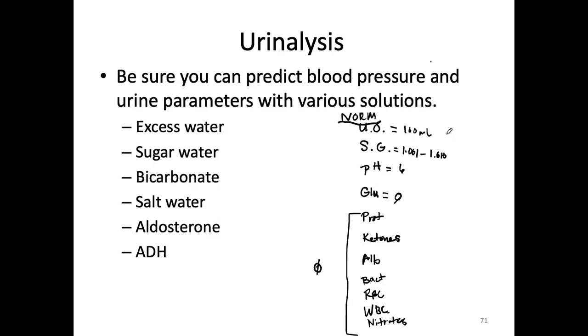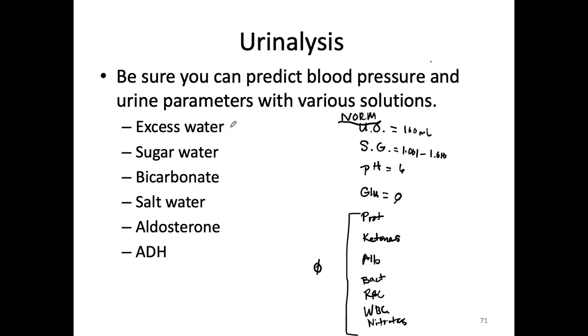If we did this in lab, you would test yours using a urine dipstick and match up the colors on the urine dipstick with the colors on the container, excuse me. And you would know what your urine output was, specific gravity, pH, okay?